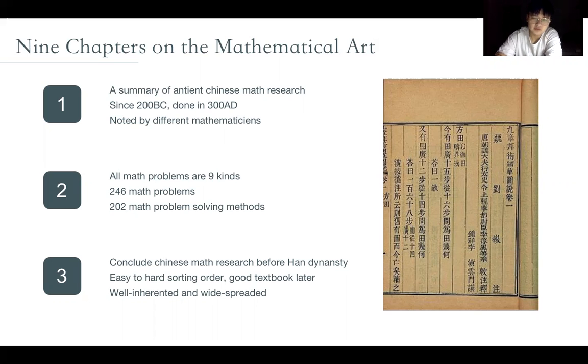Liu Hui is one of them, who we will talk about later in this presentation. And this book sorts all math problems into 9 kinds, and there were 246 math problems in this book, and 202 math problem solving methods.